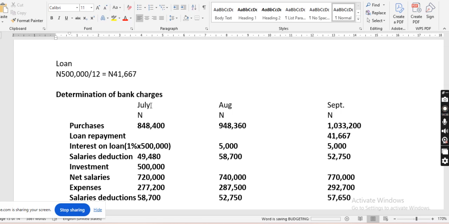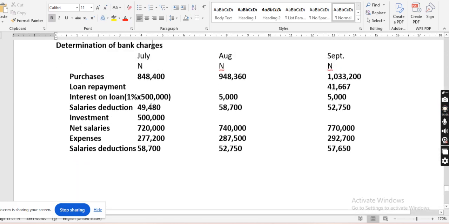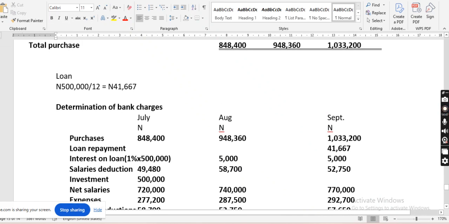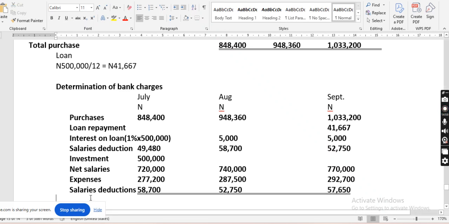So please, someone should add all this together so that we can charge 1% as bank charges, because it is 1% of the outflow, and this is the outflow. Of course, when you purchase, you pay for the goods, right? Total outflow. Someone should do August, someone July, the other person September. Please, quickly.